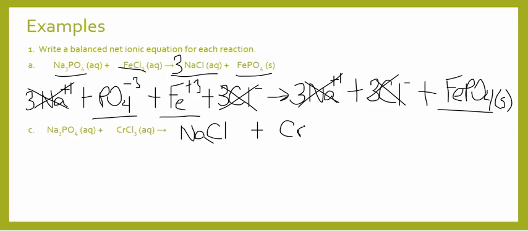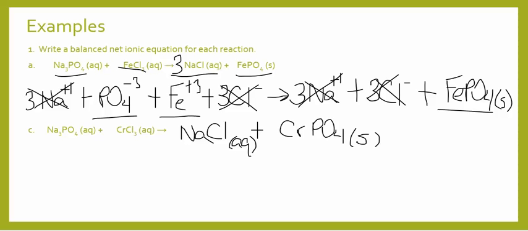Chromium is a +3, PO4 is a -3, so CrPO4. I have to determine which one of these products is the solid, so you go back to your solubility rules. Anything with sodium is aqueous. Phosphates are mostly insoluble, so there's my solid.